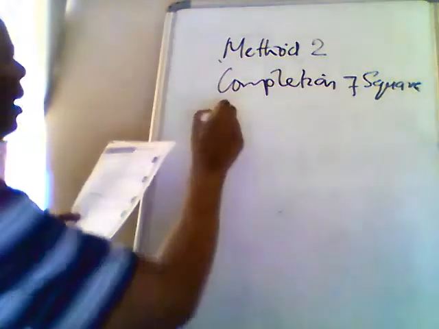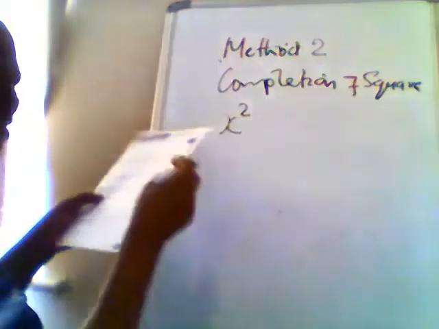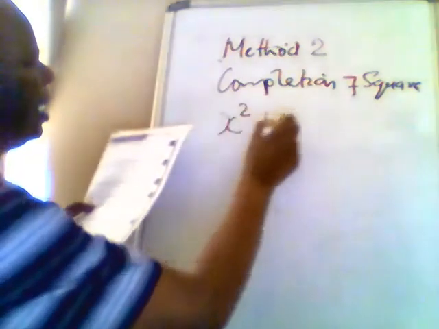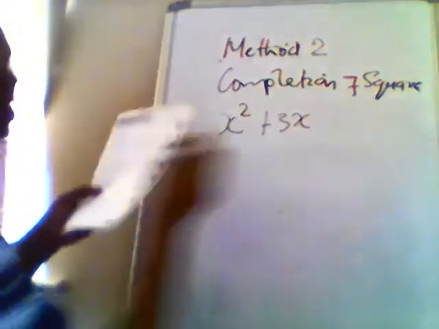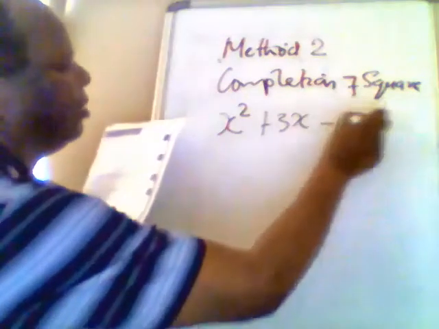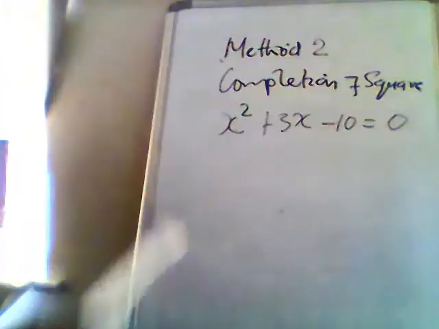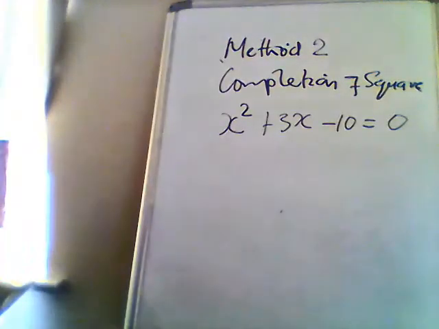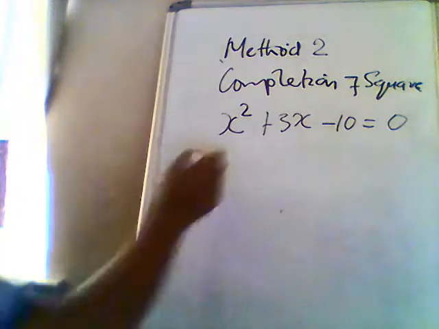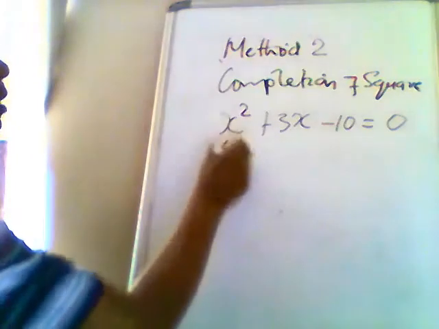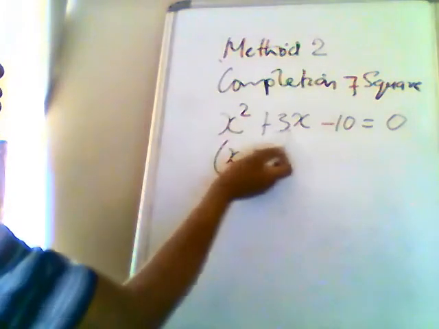Okay, so we have x squared plus 3x minus 10 equals 0. We want to solve that by completion of the square. Okay, so we're going to have x, and we need half of 3.